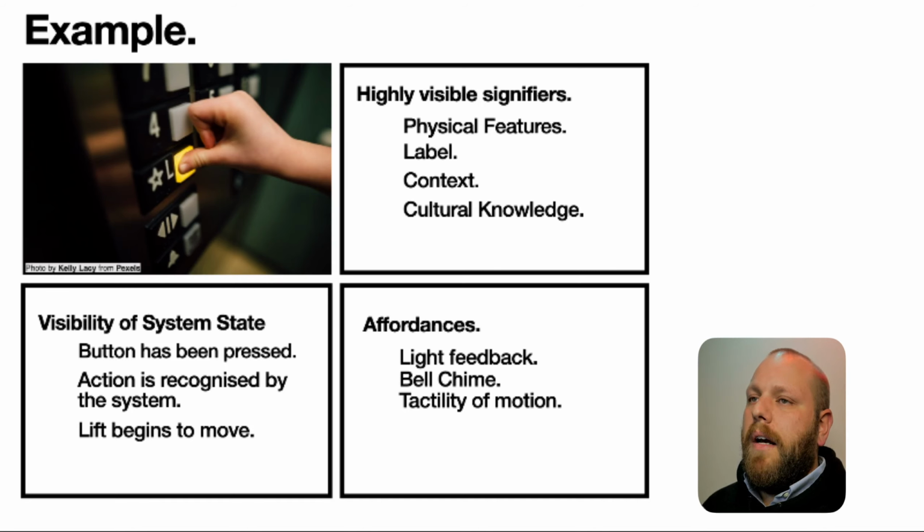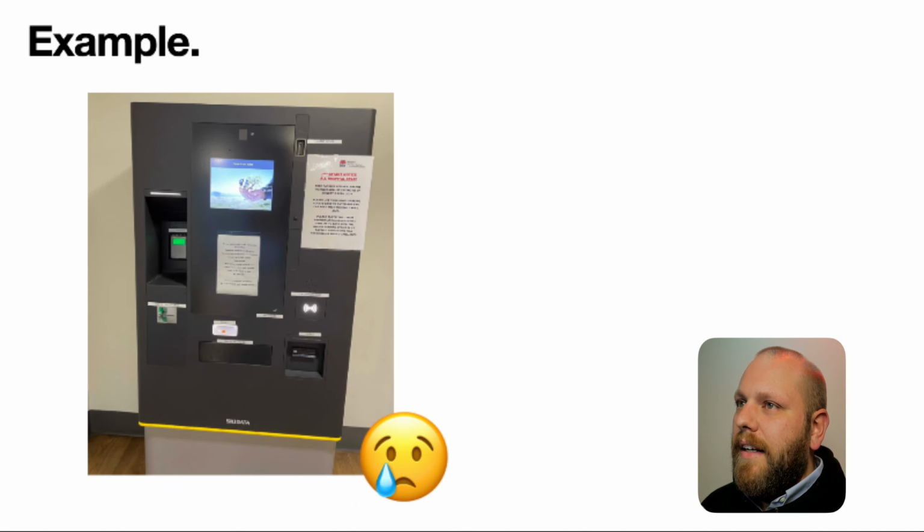And so let's look at this problem from the opposite end. What's a bad example of visibility? And for this, we'll look at a ticket machine for a parking meter. Now, this image is a bit small, so it's hard to dive in really close, but I'll describe exactly what's here.